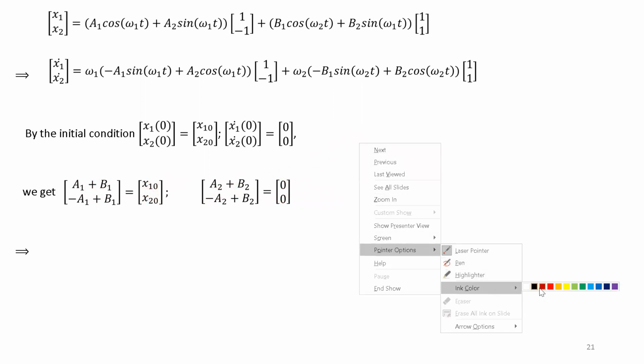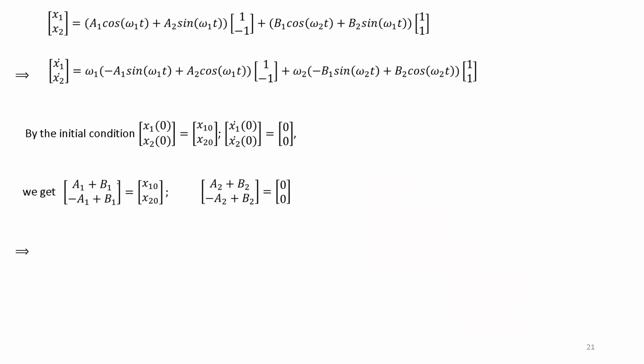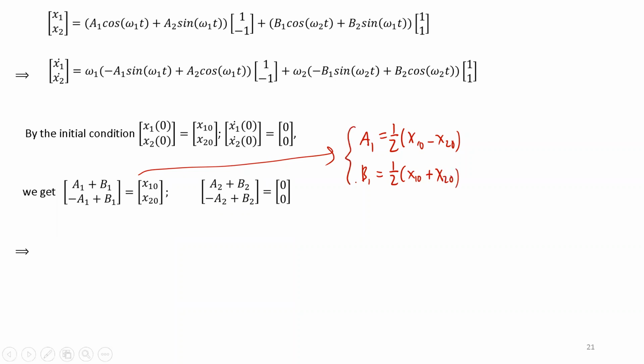From here, you'll find that A1 is given by 1/2 (x10 minus x20), and B1 is equal to 1/2 (x10 plus x20). And for A2, B2, you find that A2 and B2 are both 0.